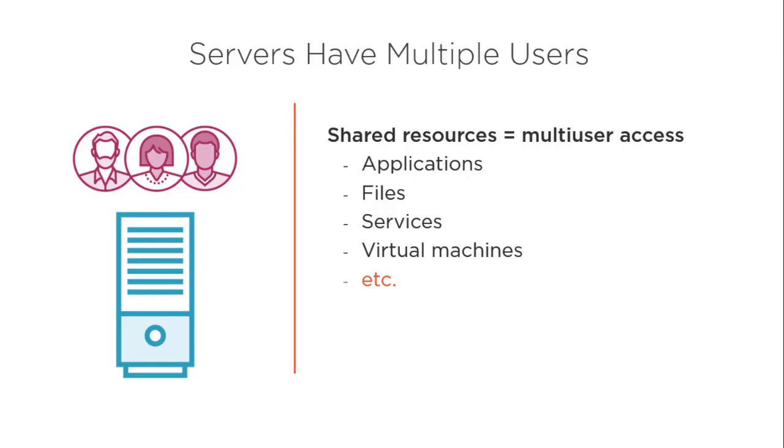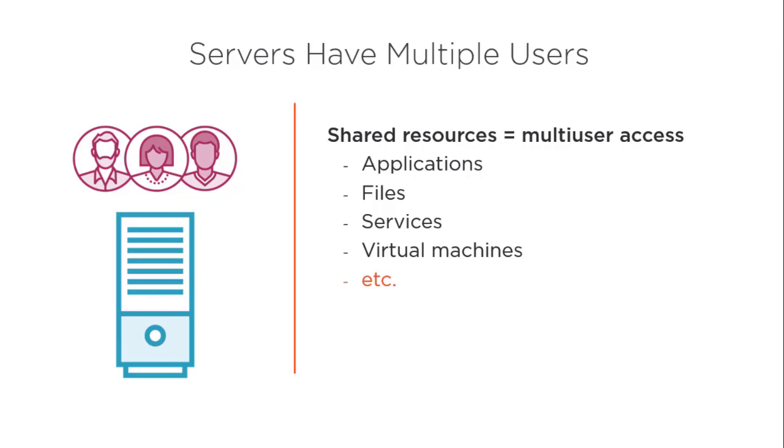A server has multiple users. As you can see from the picture, I have 3 users accessing this server. Basically the server offers shared resources with multi-user access. On a server we share resources like applications, files, services, and virtual machines.